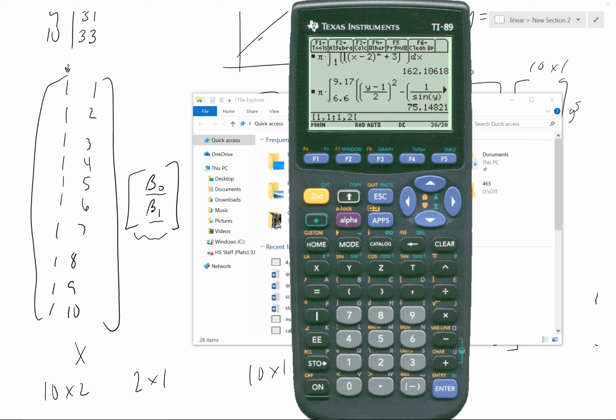You see this kind of pain in the butt doing it this way? So what I'm going to do instead is I'm going to input it as the transpose.